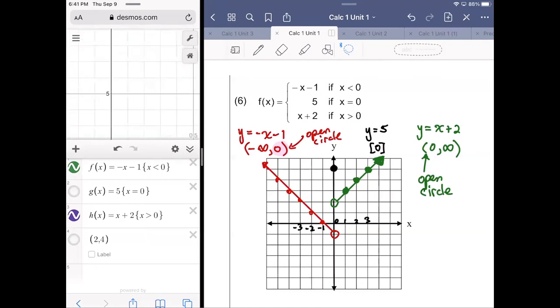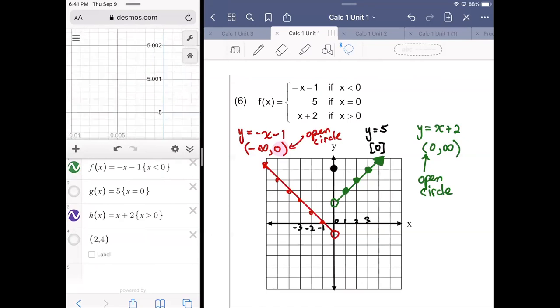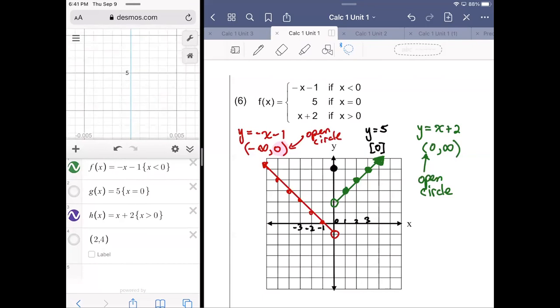I mean, you could try to zoom in all you want, but it's like looking at the head of a needle if the needle was infinitesimal in terms of its width. Right, so it's just not going to appear. There's a couple of ways to handle that.